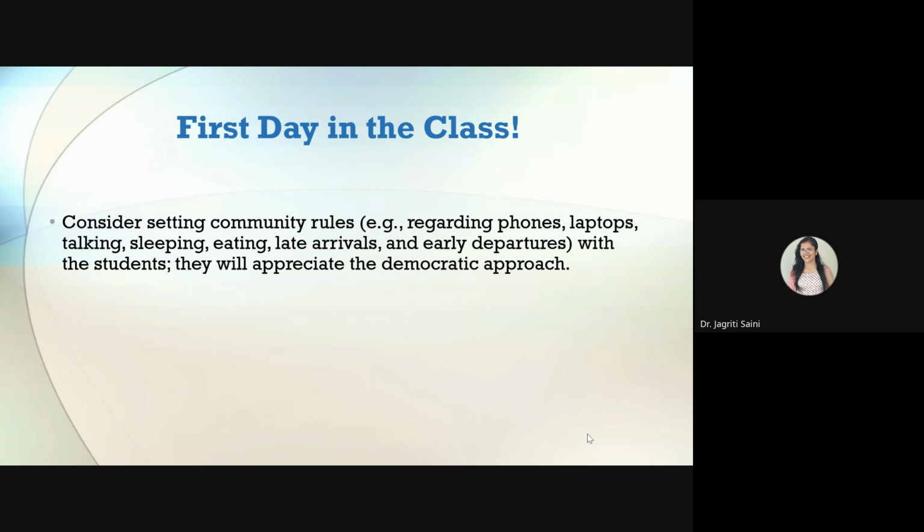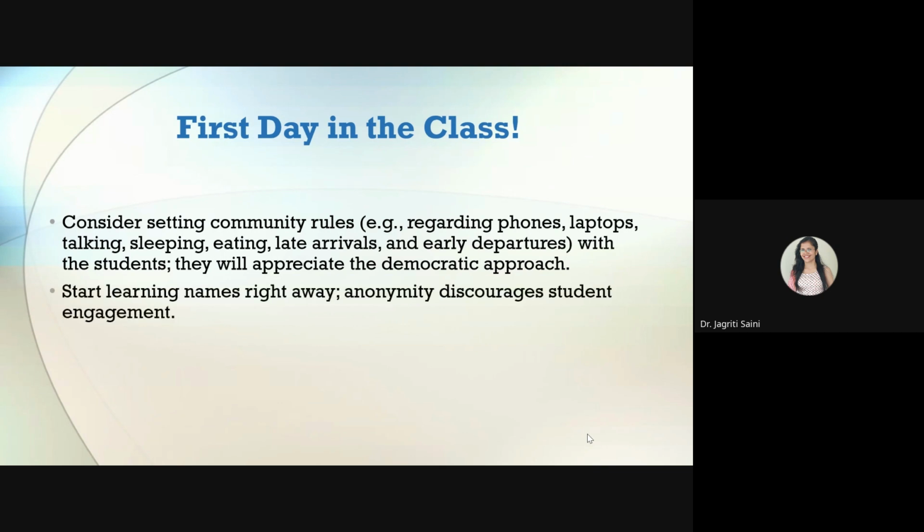And as a teacher, we definitely can sort it out easily when we take their collaboration in this. So instead of building your own rule book, let your students build the rule book, and then definitely they are going to follow it, because the rule book is maintained by them. You just need to guide them on what is right and wrong, and they will build a better rule book, and they will definitely follow it over time.